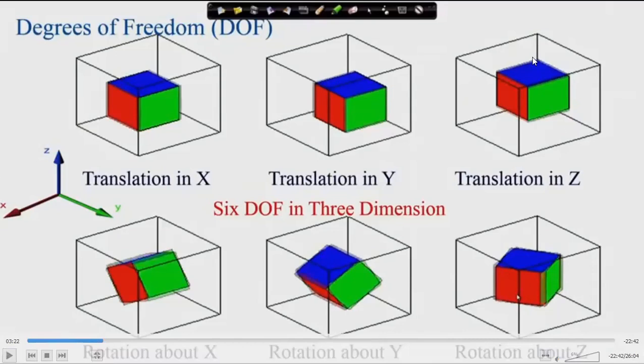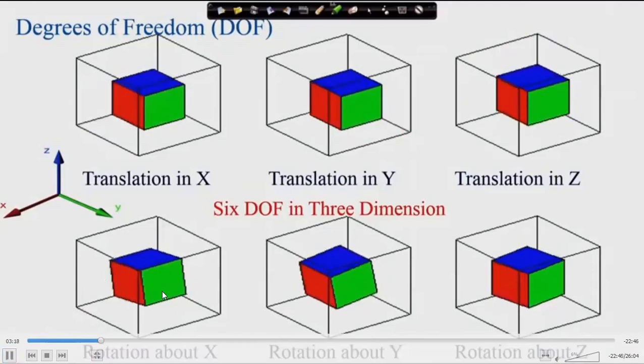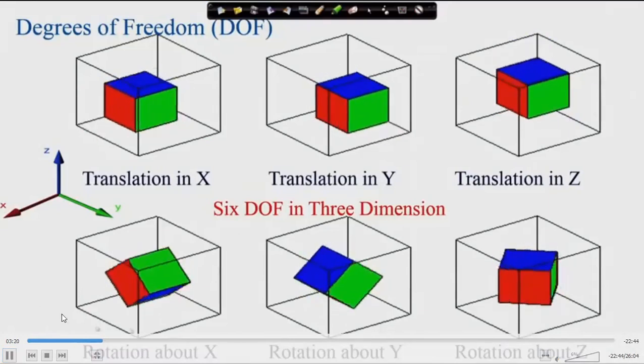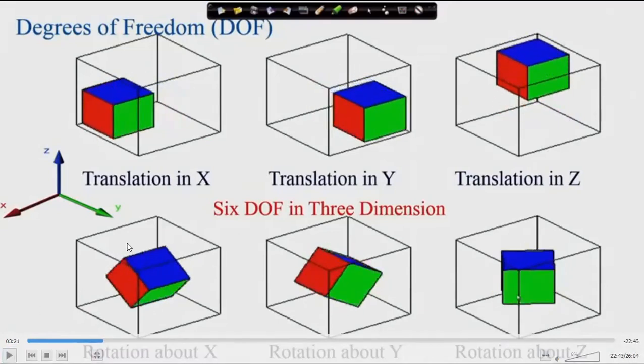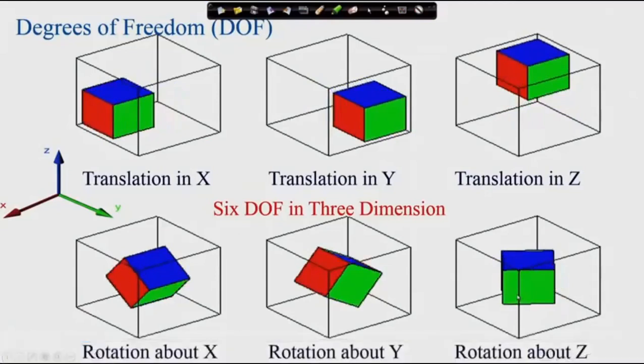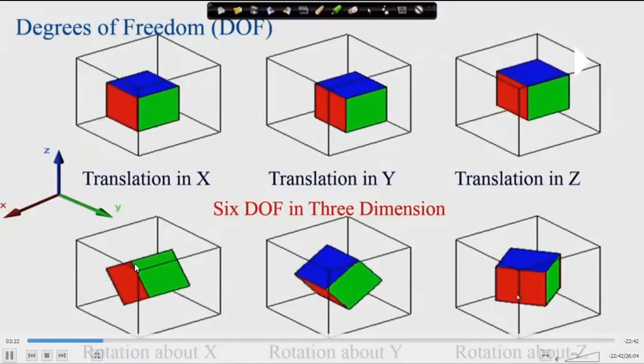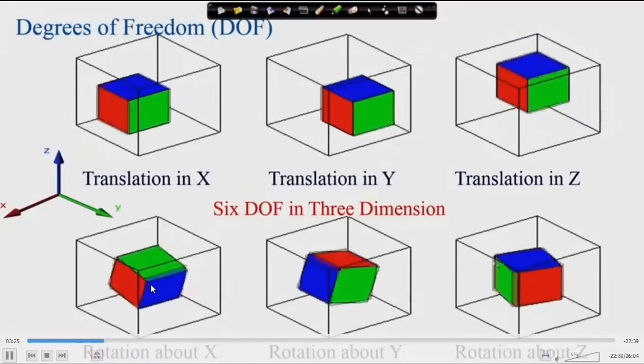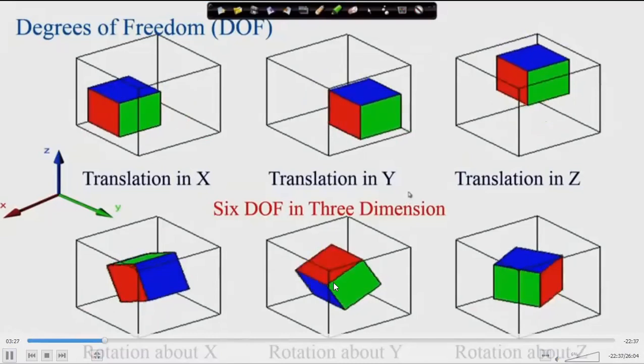In that case, it cannot translate in the z direction, and it cannot rotate about the other axes. If an object is rotated, it will have different z coordinates, here also different z coordinates.